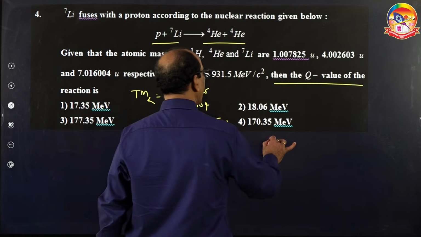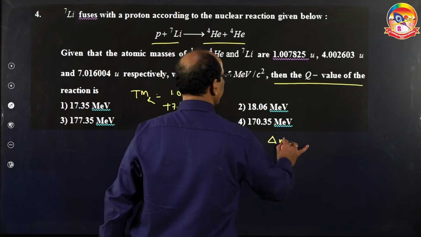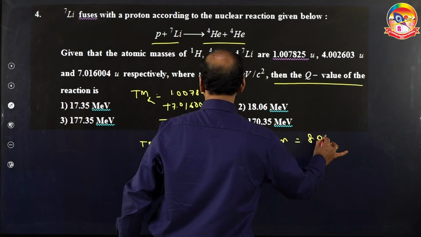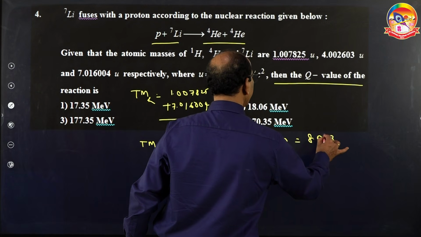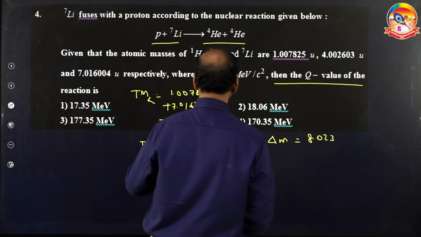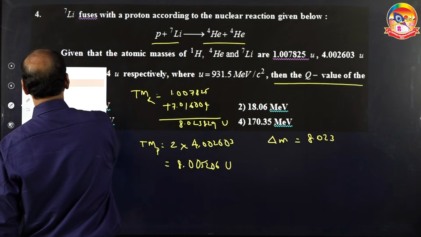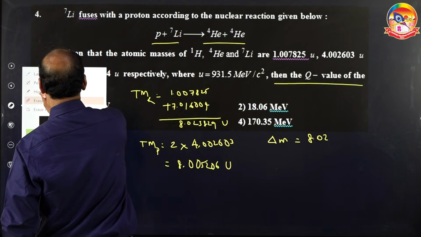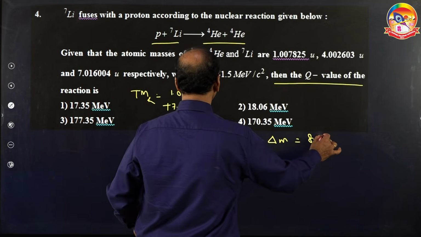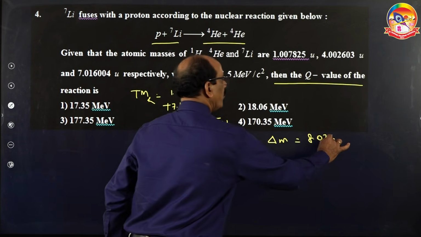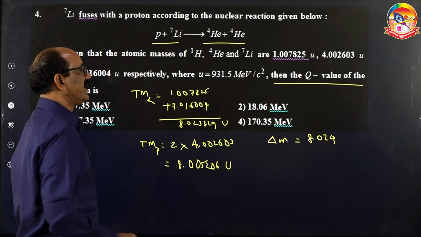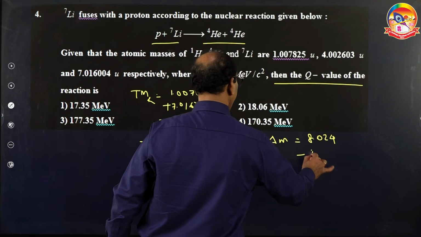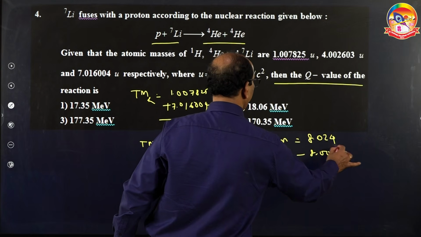So the mass defect, if you calculate it, I am going for the second decimal, so I write it as an approximation: 8.024 minus 8.005.